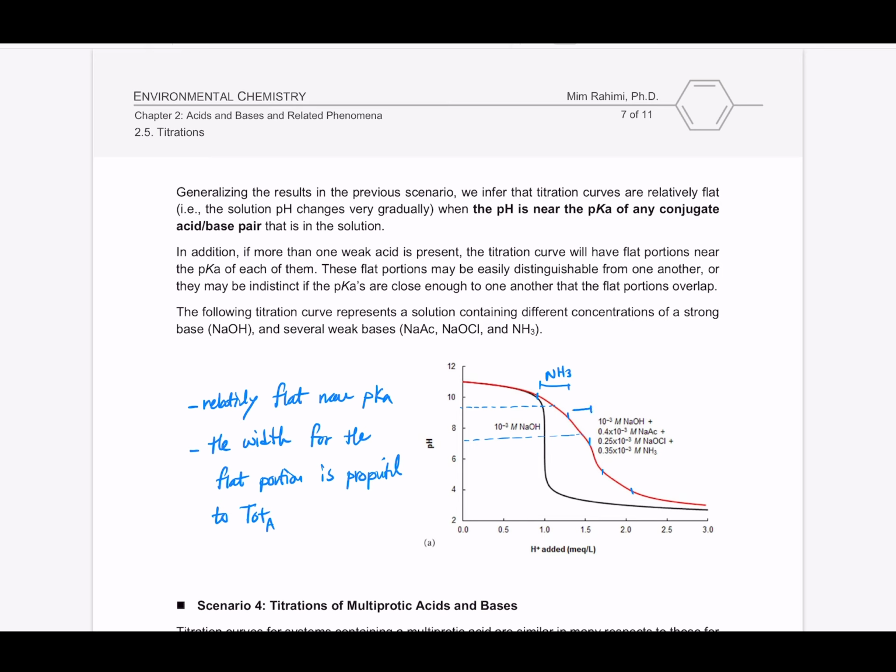This is for HOCl, and 4.7, so we need to work a little bit on this one.